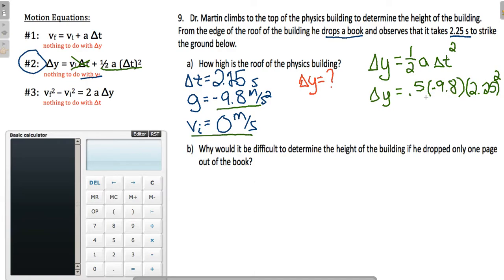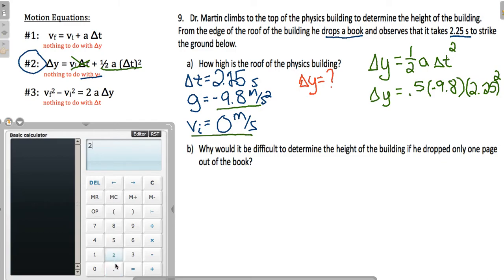Alright, order of operations, exponents first. So the first thing we have to do is square that 2.25. So over on my calculator, I'm going to do that. 2.25. We're squaring that, so I'm multiplying it again by itself. That gives me this answer, 5.0625.